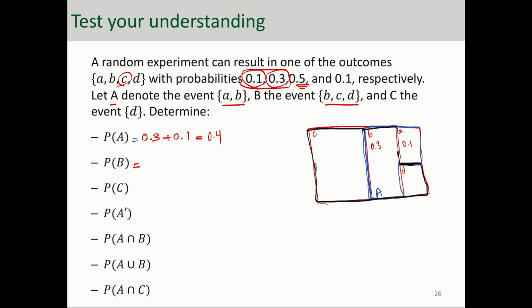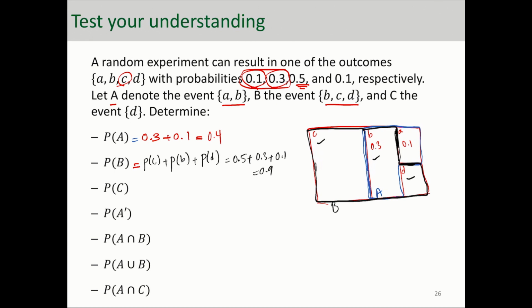The black is the event B. And event B has outcome c, outcome b, and outcome d, and c is 0.5, b is 0.3, and d is 0.1, so that is 0.9.